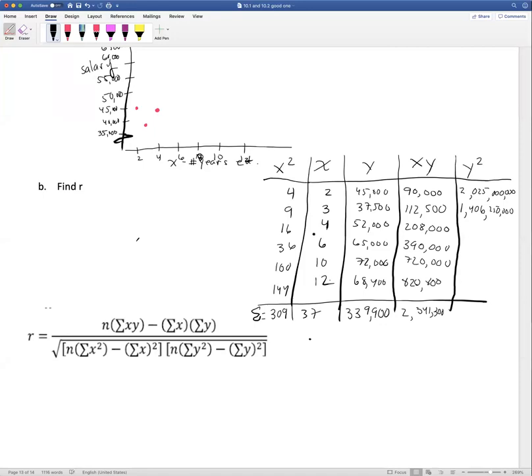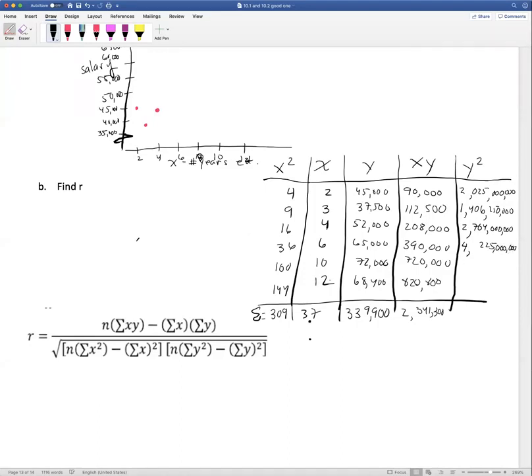52,000 squared: 2,704,000,000. 65,000 squared: 4,225,000,000.